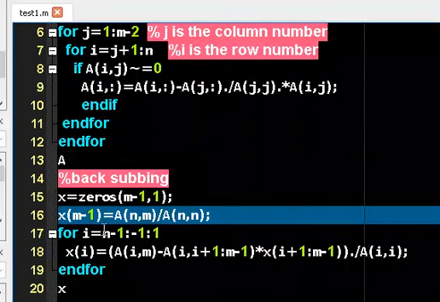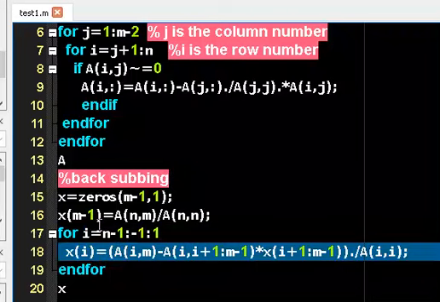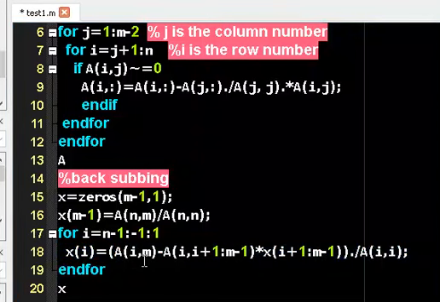For that I use a for loop. This for loop index goes from n minus 1 backward, because this is going in the backward direction, from the bottom to the top. First you find this right here.